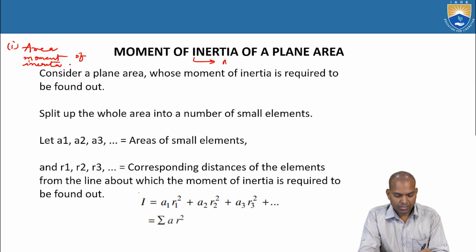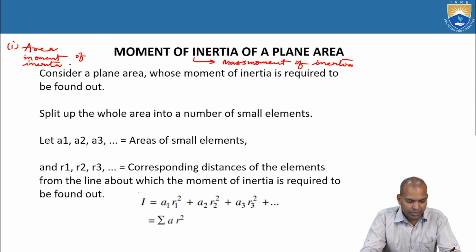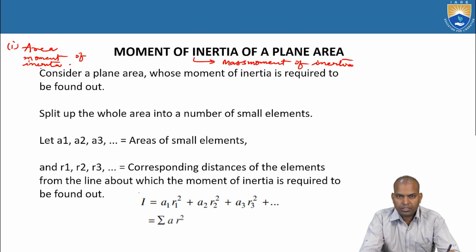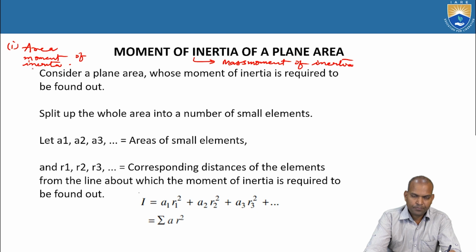And the second one is mass moment of inertia. Area moment of inertia is applicable for plane geometries or two-dimensional geometries, whereas mass moment of inertia is useful for calculating the moment of inertia of 3D solids or solid objects.